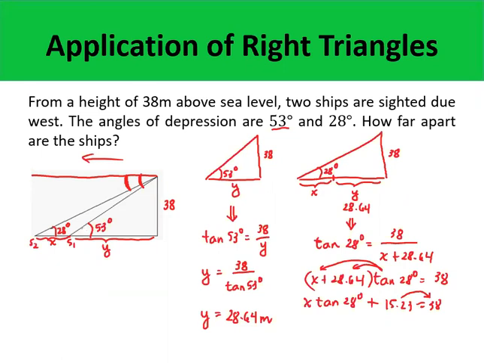And then if we transpose 15.23, we get x tangent of 28 degrees is equal to 38 minus 15.23, which is 22.77. Then dividing both sides by tangent 28 degrees, that's 22.77 divided by tangent of 28 degrees, which is 42.82 meters. So that's the final answer. That's the distance between the two ships.